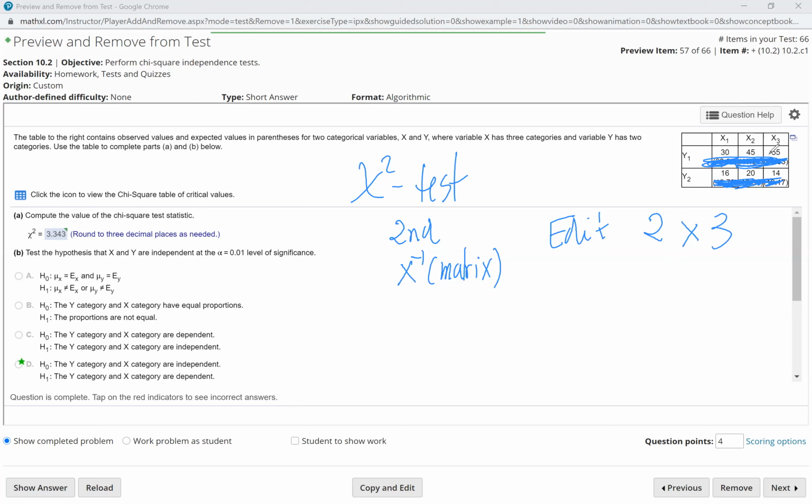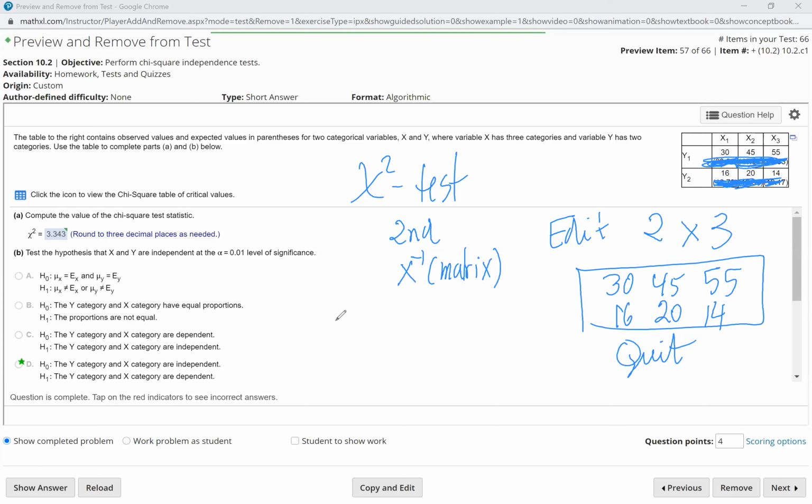Remember, data columns: 2 rows and 3 columns, 2 by 3. And then you enter the values: 30, 45, 55, 16, 20, and then 14. And then after that, you quit.